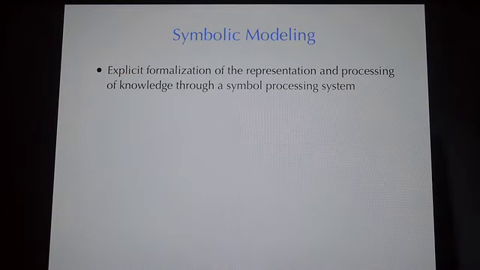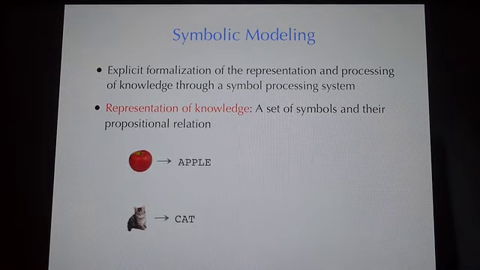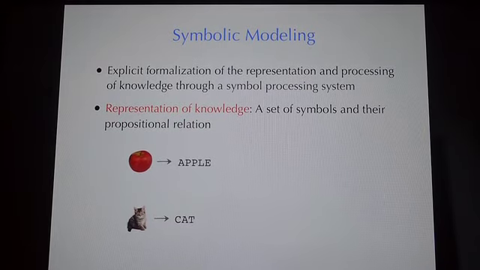The idea here is to use a very explicit formalism for representing and processing knowledge through using a set of symbols. So knowledge, as I said, is represented as a set of symbols and their propositional relation. To give you an example, let's say we are interested in the meanings of words, and what we want to do is we want to represent concepts such as apple or cat, or even abstract ones such as love or justice, as symbols.